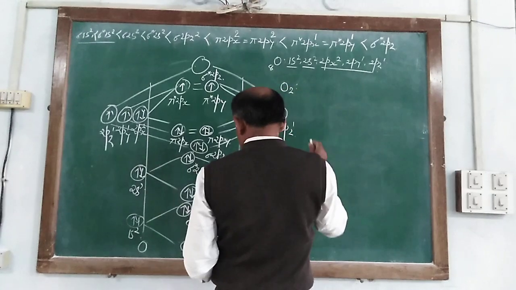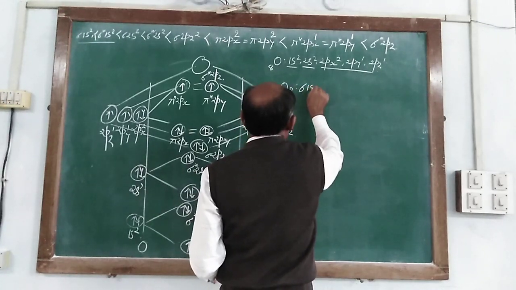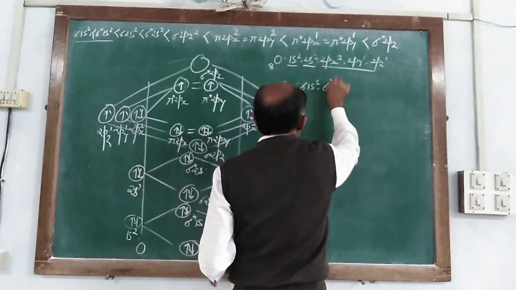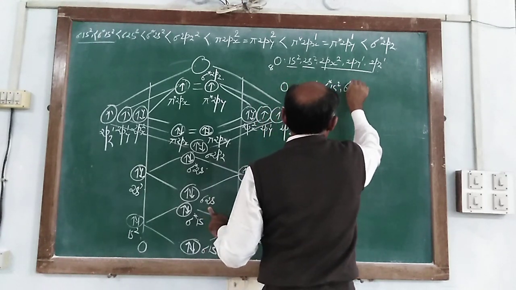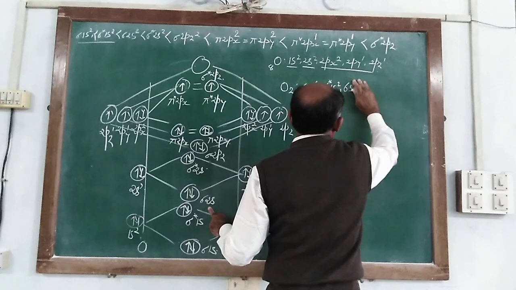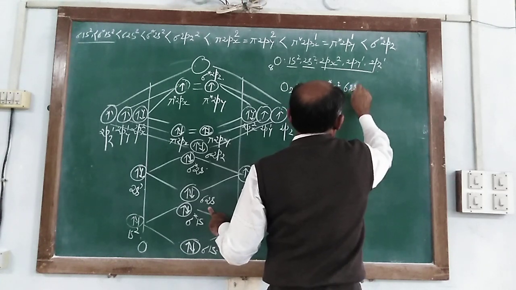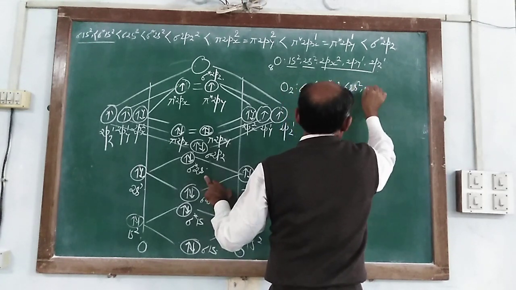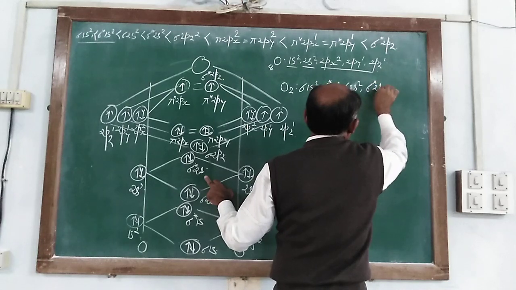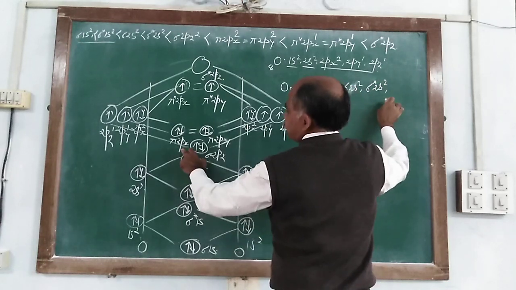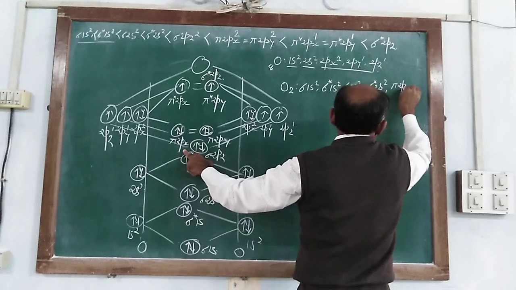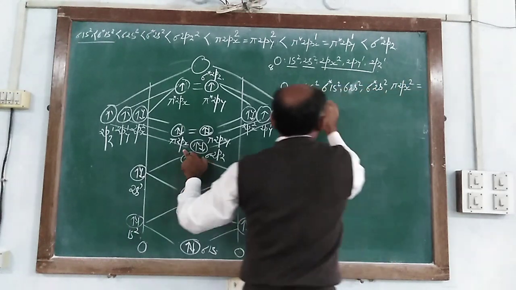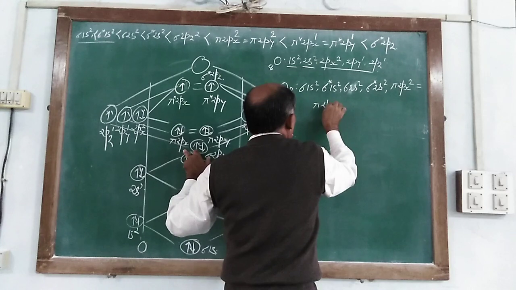It is sigma 1s2, sigma star 1s2, sigma 2s2, sigma star 2s2, pi 2px2, pi 2py2.